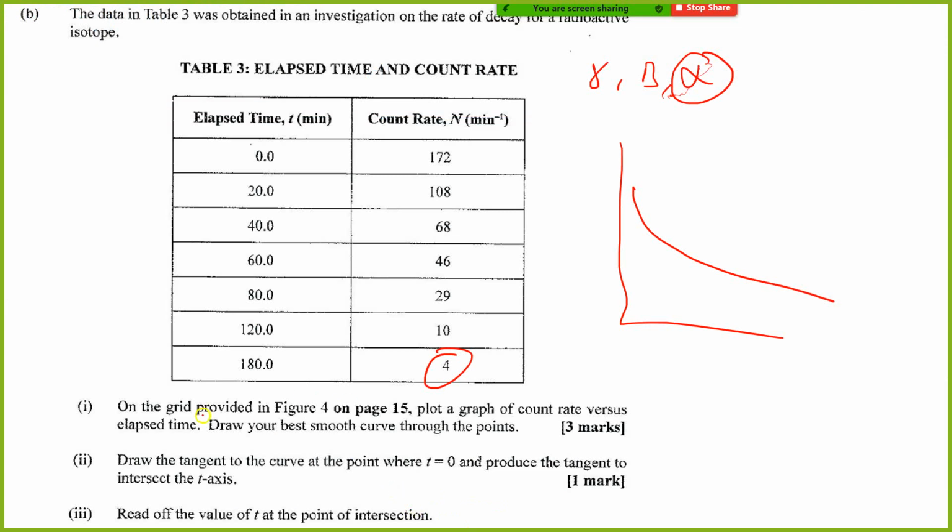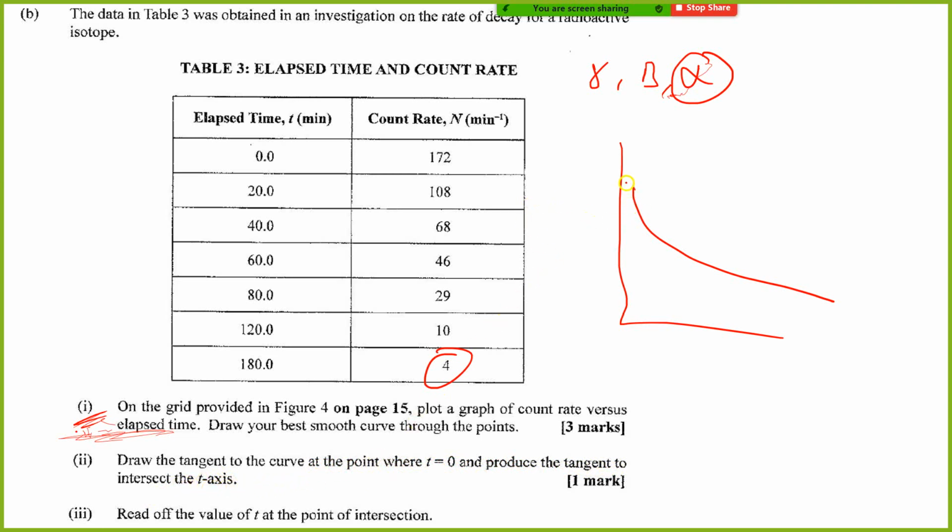So the question here, you understand to plot the graph, right? That shouldn't be anything hard to do. Cool? You follow me? Yes, sir. Then the question goes to say, draw a tangent to the curve at the point where t is equal to 0. And it says produce the tangent to intersect the t-axis.